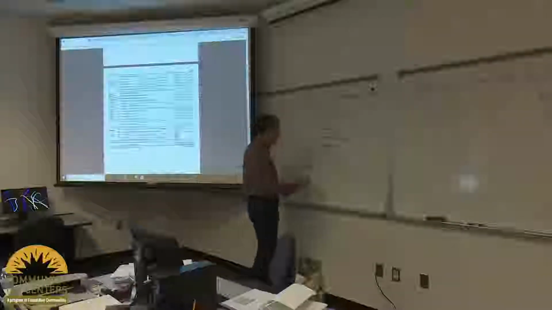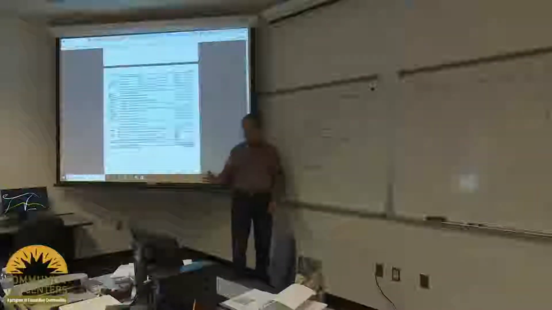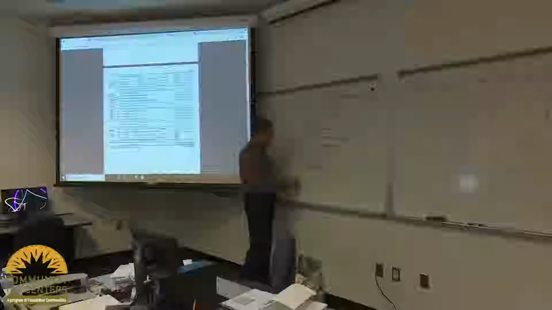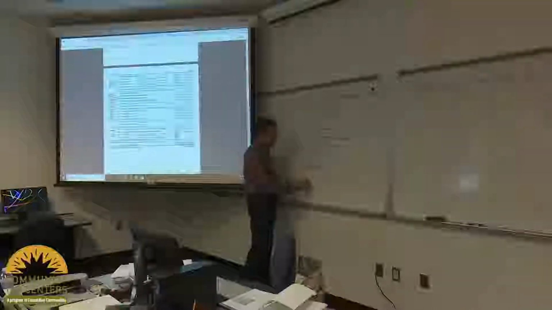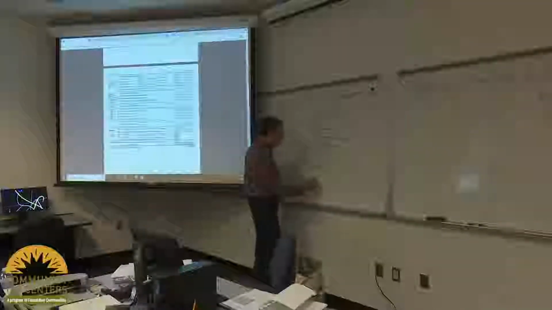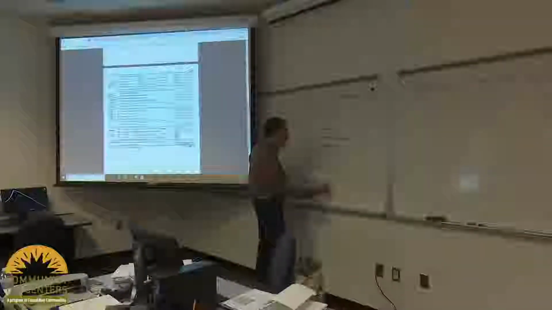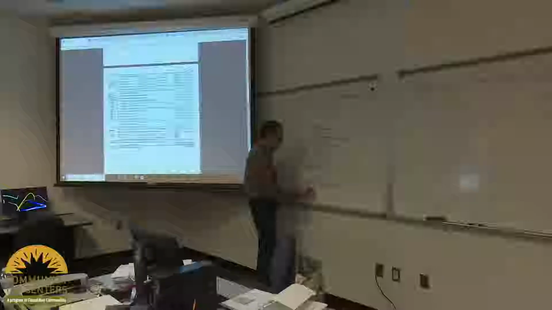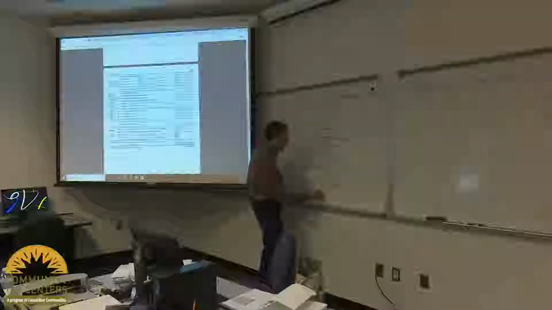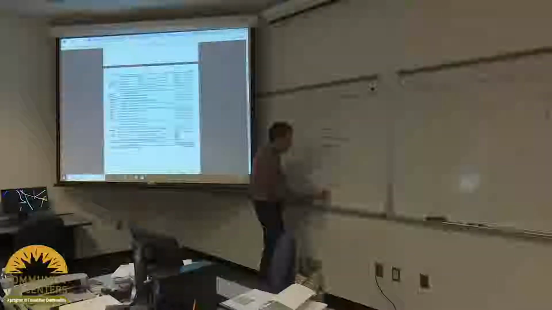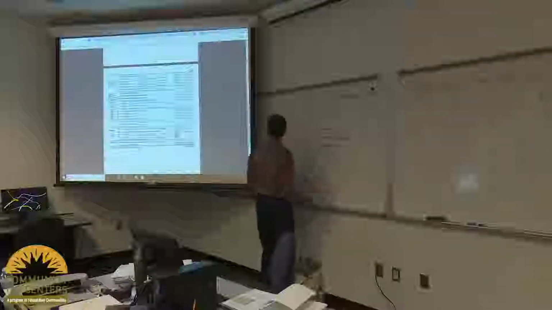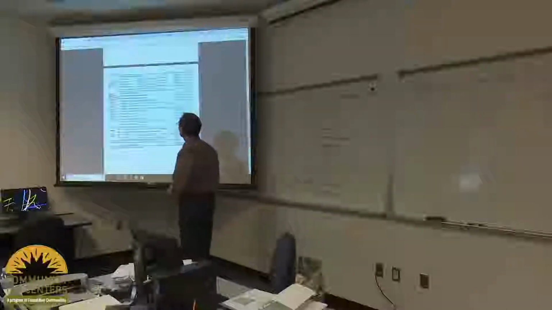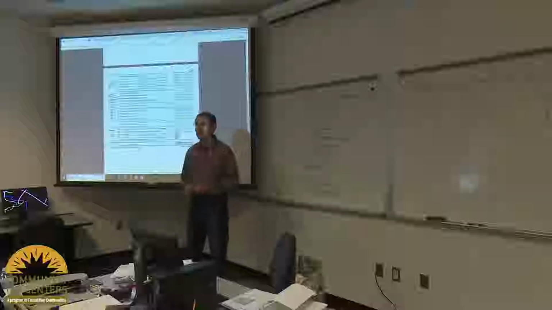TaxSlayer does this for you, but it's the lesser of 20% of the Schedule C net profit or 20% of your taxable income. And that's line 9? Yeah. Which is interesting that it can jump ahead and figure it out, but it does.